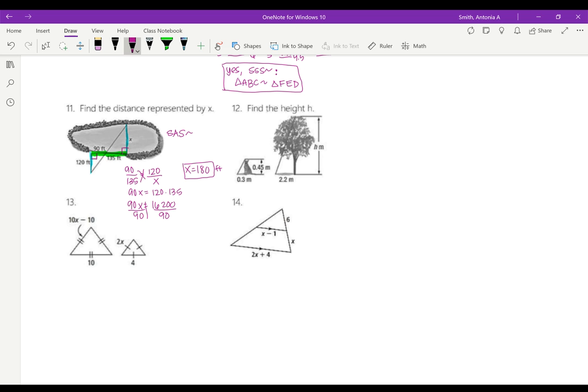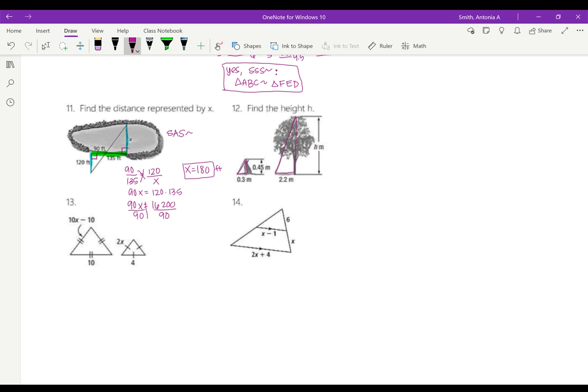On number 12, these figures are not the exact same thing. We have, I think that's a cat and a tree. Okay, but they're creating similar shapes with their bodies, right? With the tree and the cat, we're creating this kind of triangular shape here.